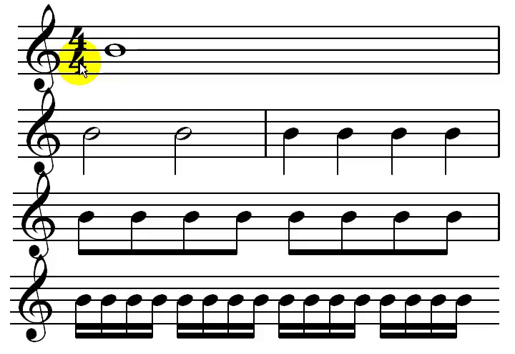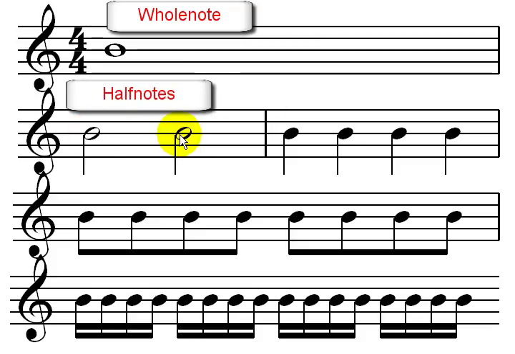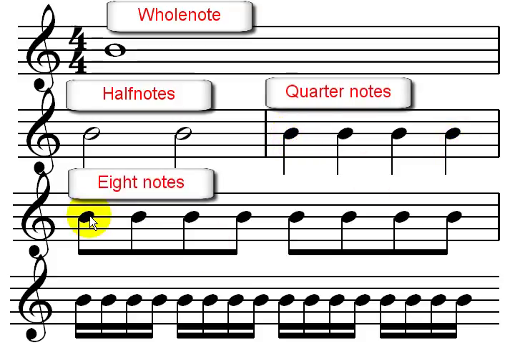So don't worry about that. We see the whole note here, followed by the half notes, 2 of them, followed by the quarter notes, 4 of them, followed by the eighth notes, 8 of them, and 16th notes here. So let's take a listen.